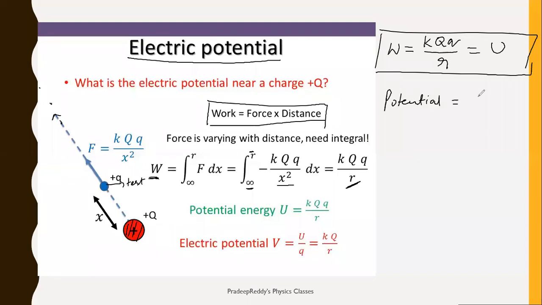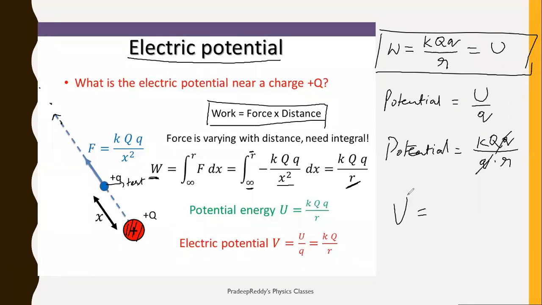Okay, now we can define potential. Electric potential is equal to electric potential energy divided by the charge. Electric potential energy for which charge are you finding? You are finding it for the test charge. So simply divide it by the test charge. Electric potential can be simply written as K capital Q small q divided by small q into R. This and this get cancelled.